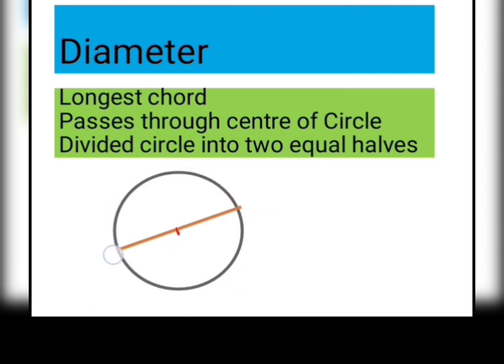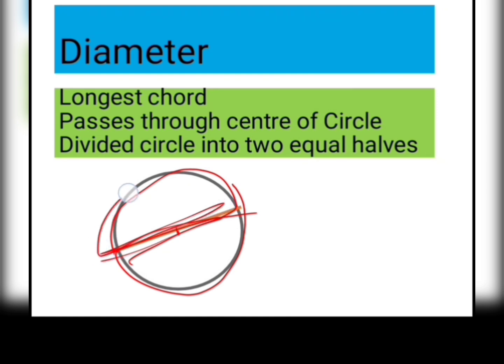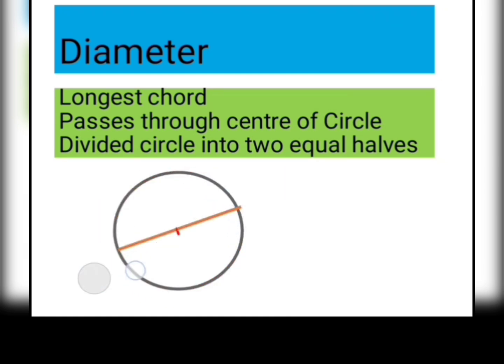This chord, which is diameter, divides the circle into 2 equal halves. Area of this part will be equal to area of this part. This diameter of circle divides the circle into 2 equal parts. These 2 equal parts are known as semicircles.